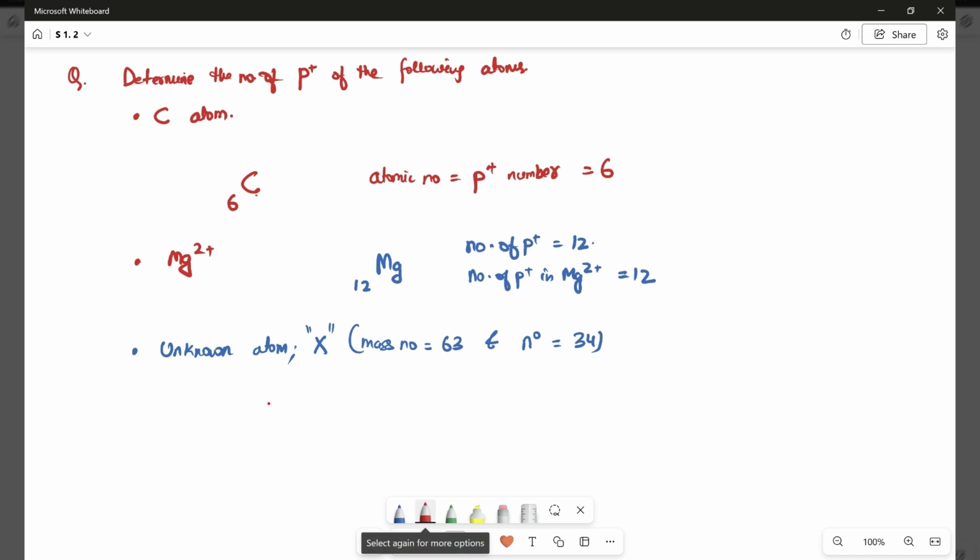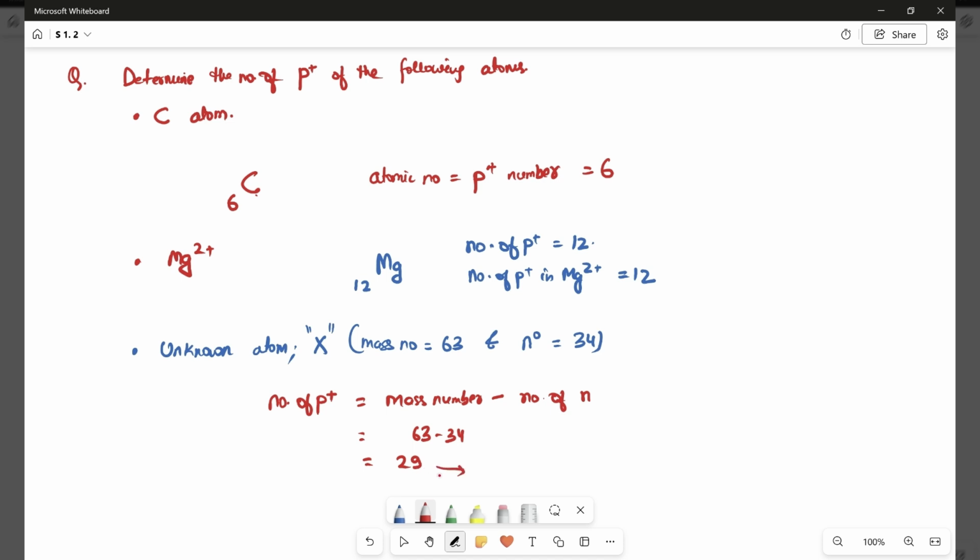The formula is very simple. Number of protons equals mass number minus number of neutrons, right? So you can calculate. It will be 63 minus 34, and we get 29. If you check your periodic table in the data booklet, you will find this is copper, right?